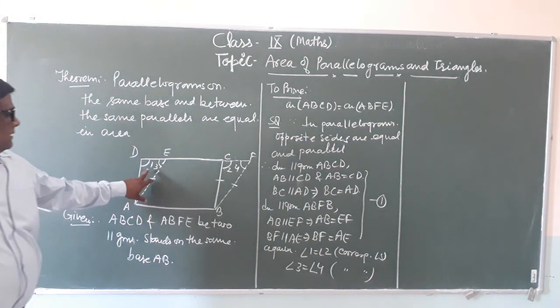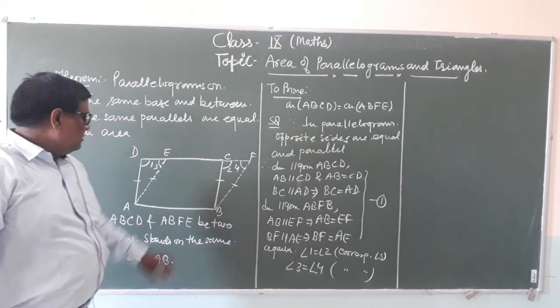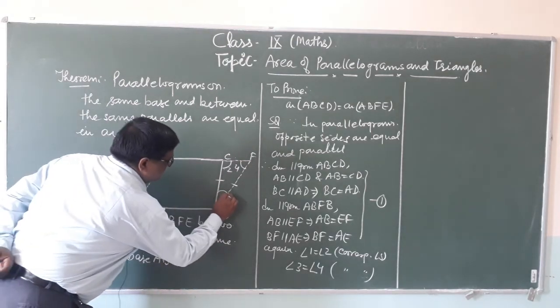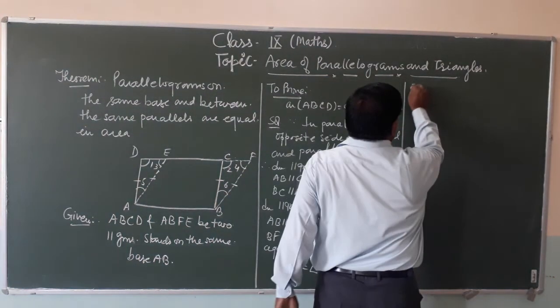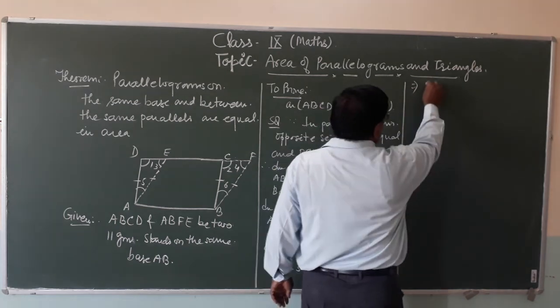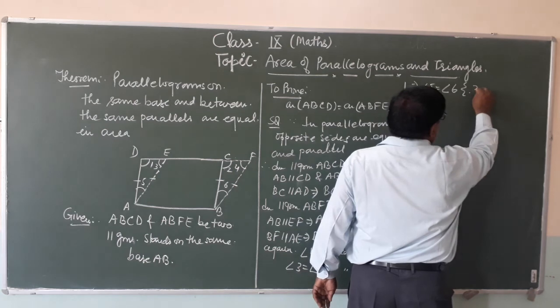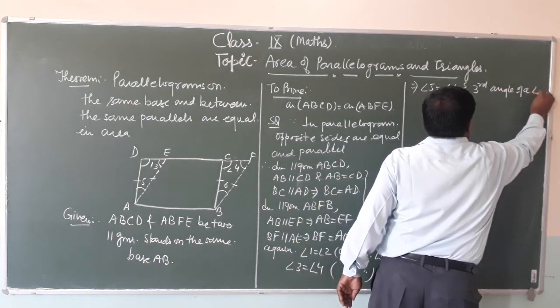And if in a triangle two angles are equal, then third angles are also equal. It means that angle 5 is also equal to angle 6. So we have to write, therefore this implies that angle 5 is also equal to angle 6, because the third angle of a triangle.